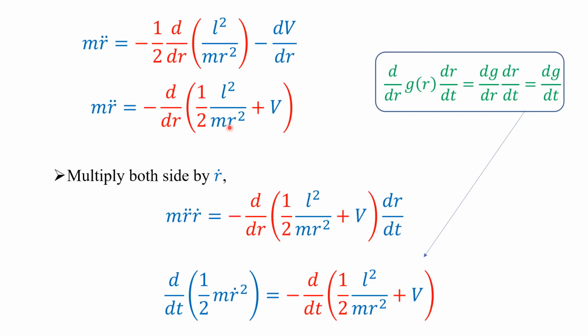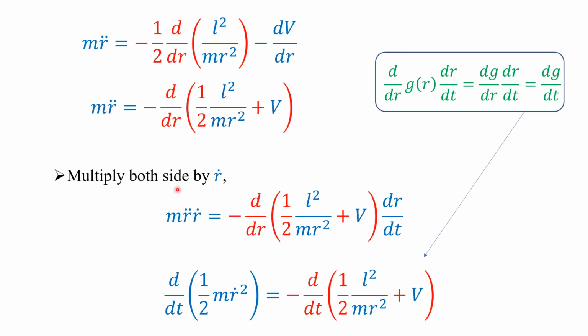Now what you are going to do is multiply both sides by r dot. So this side you multiply with r dot, and here also r dot. I have written this r dot as dr by dt. So what will happen?